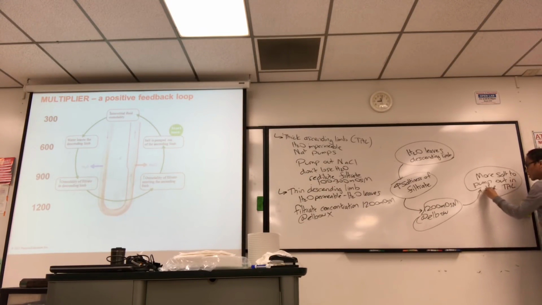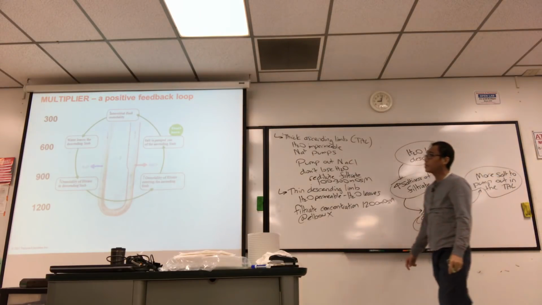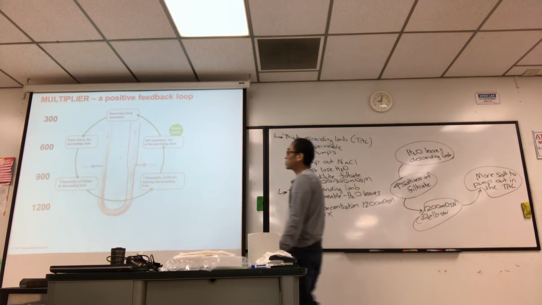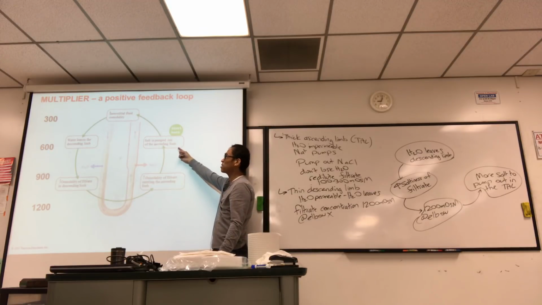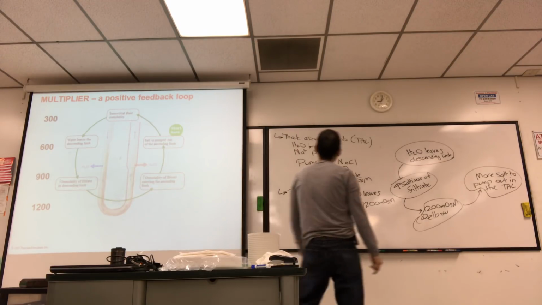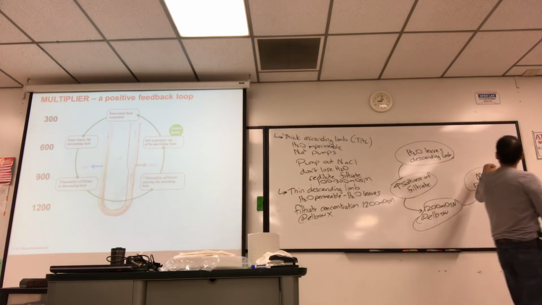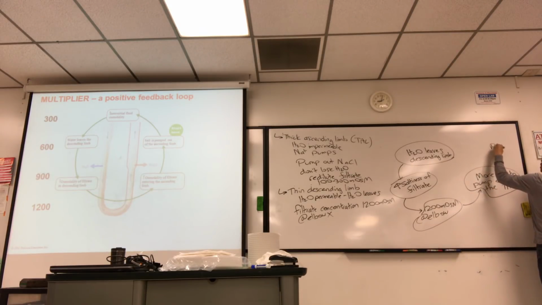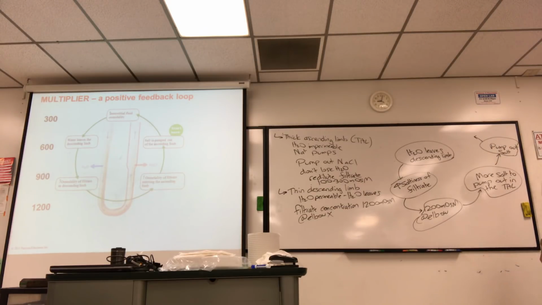Anyways, that's kind of like my next point in the concept map. Well, so you have more salt to pump out, so you pump out salt. So therefore, by pumping out salt, you're increasing the saltiness of the interstitial, right, of the medulla.